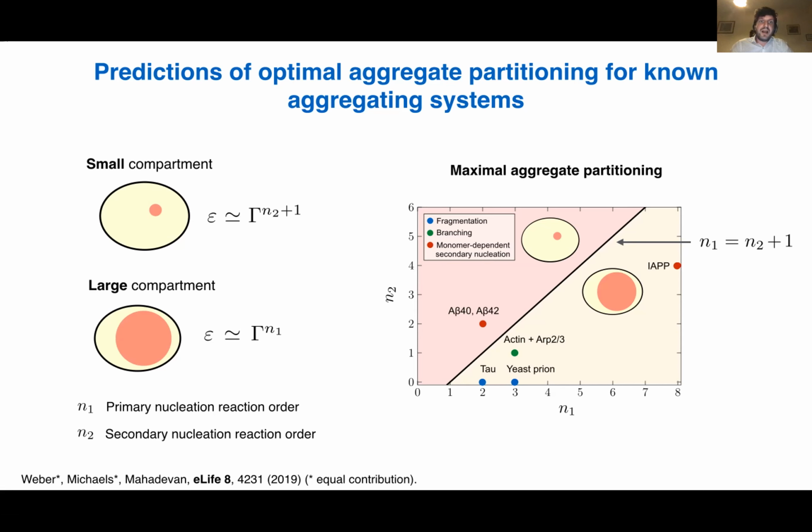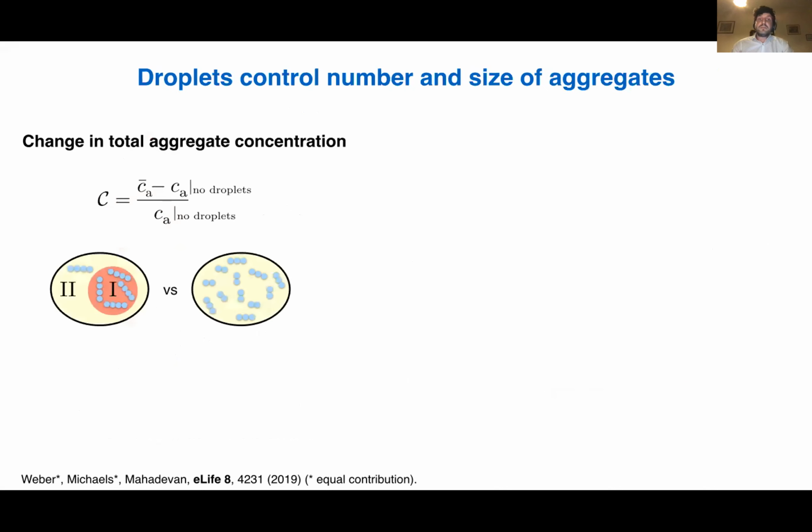So for systems where N2 plus 1 is larger than N1, such as the amyloid beta peptide, having small compartments would lead to the maximal partitioning of the aggregates in the condensate. Whereas for other systems where N2 is small, for example, fragmenting systems like tau or the prion, the prediction would be that a larger condensate would be more effective at localizing the aggregates.